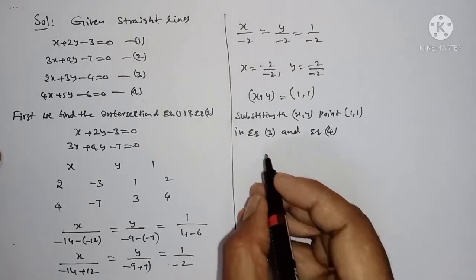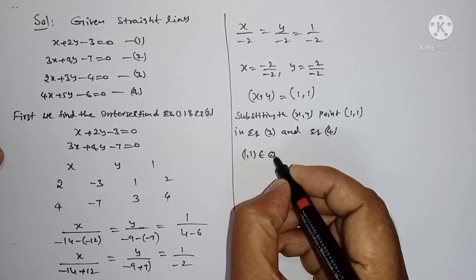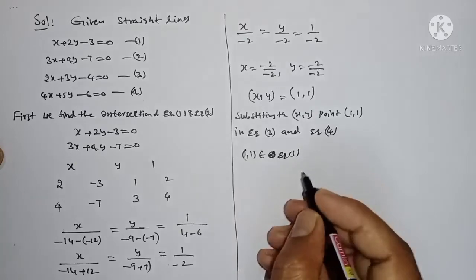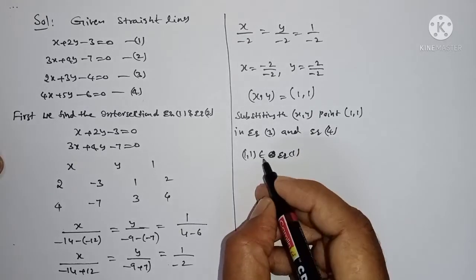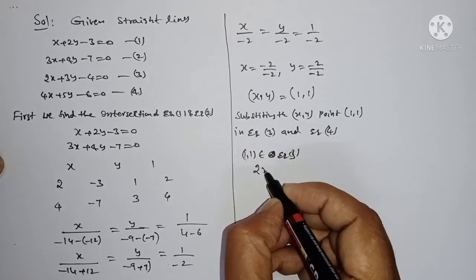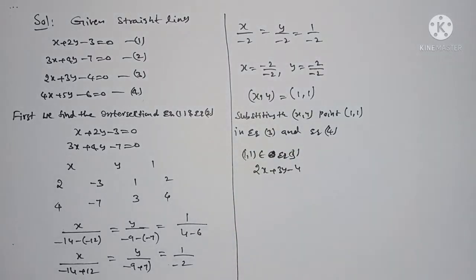Observe here, 1 comma 1 belongs to equation 1. Now the third equation is 2x + 3y - 4. Is it equal to 0 or not?